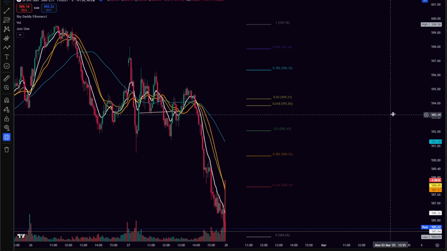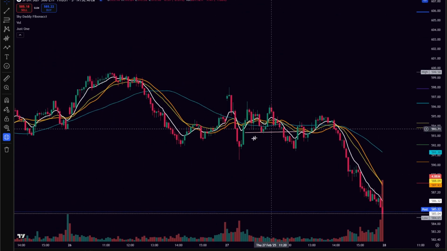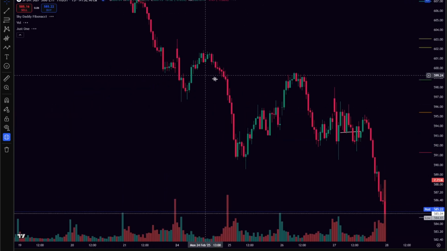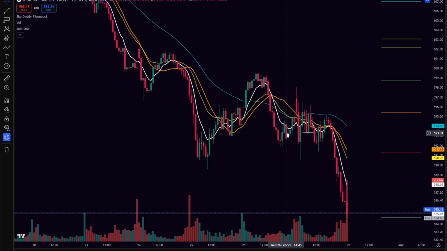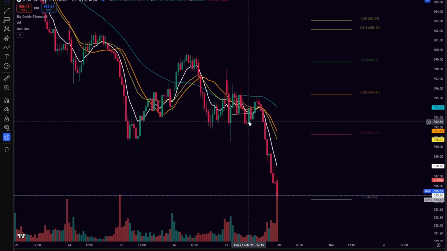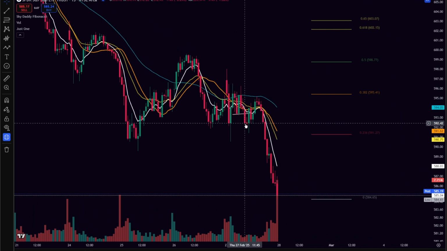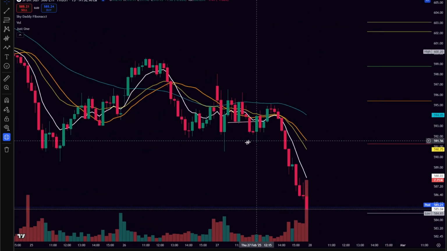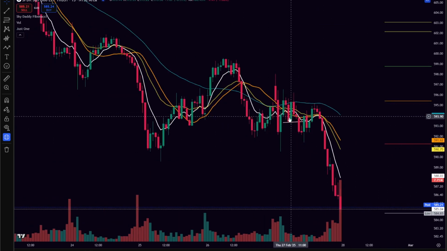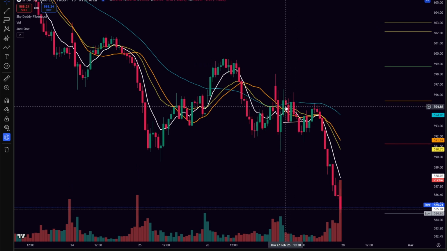I like looking at the 5-minute time frame for possible areas where I would sell if we reject with a red candle. I also like using the 15-minute. If we look at 10:15, in this area, if I use the 15-minute as a guide, we rejected the 50 moving average. This would have been okay, maybe it's time to sell. We can't close above this on a 15-minute time frame.